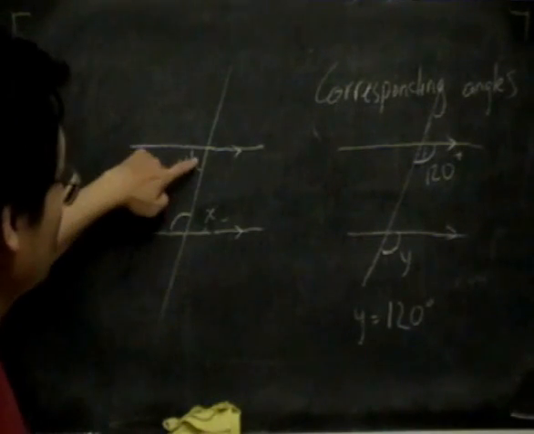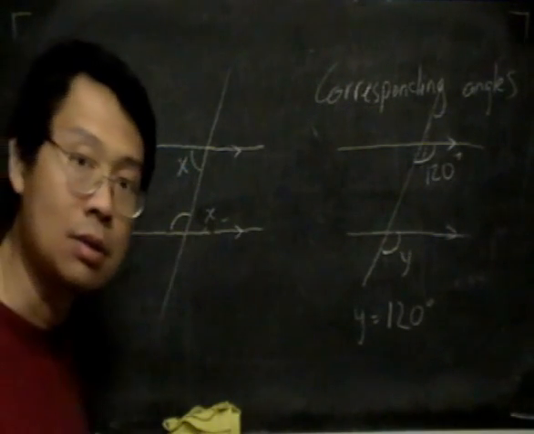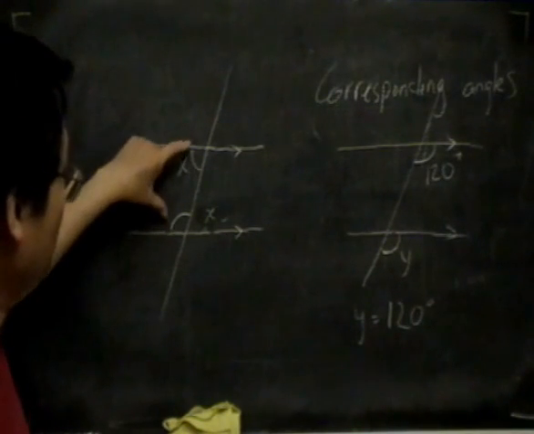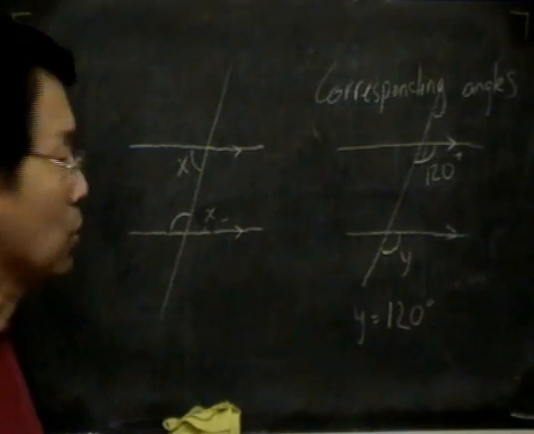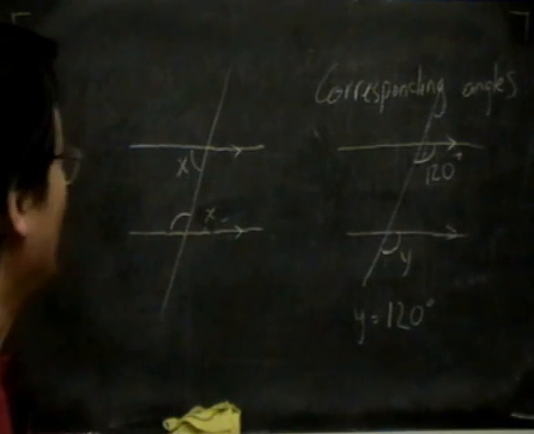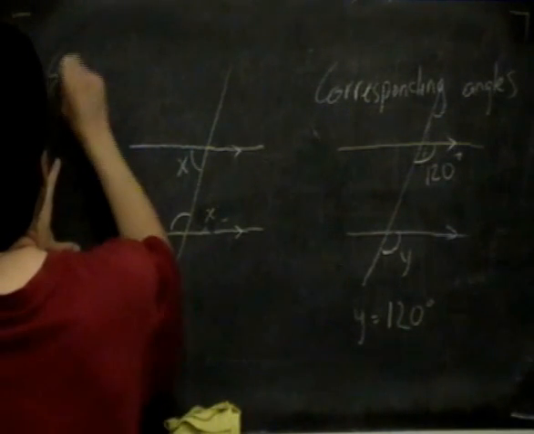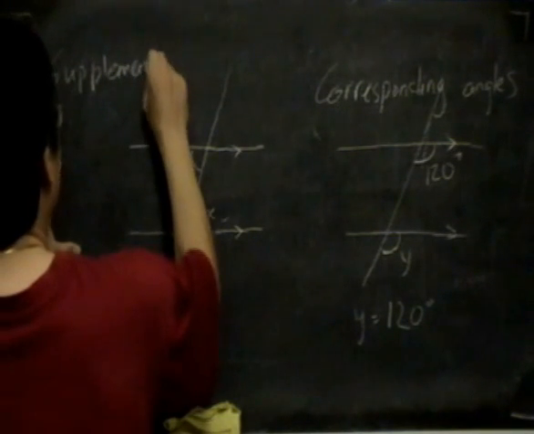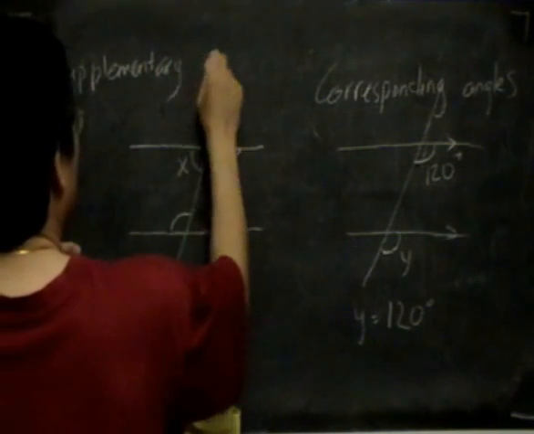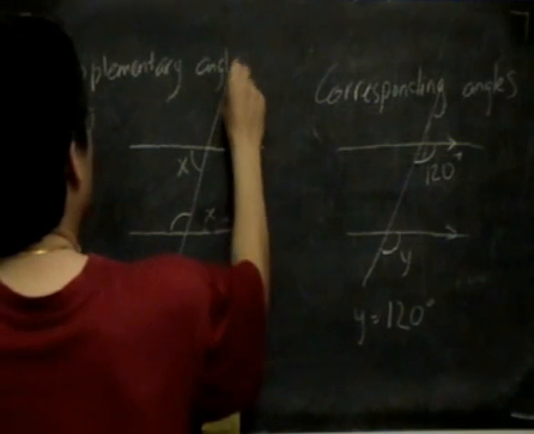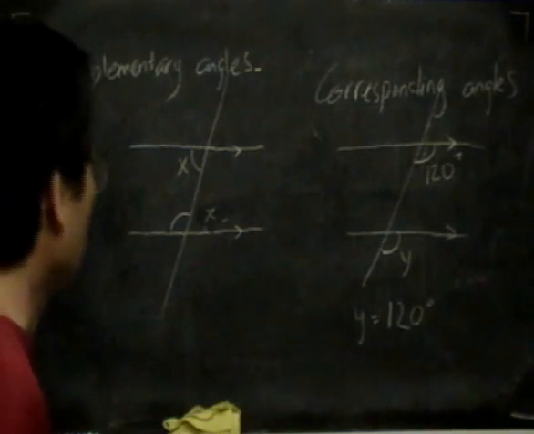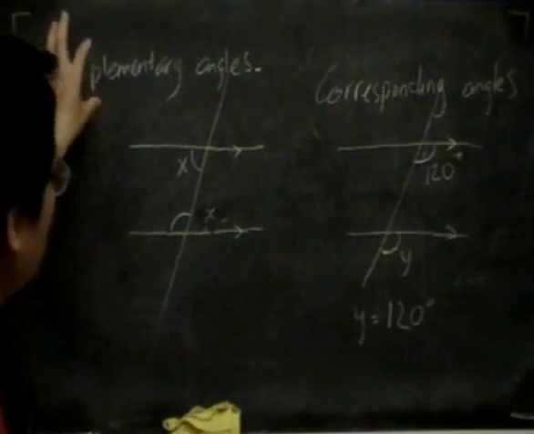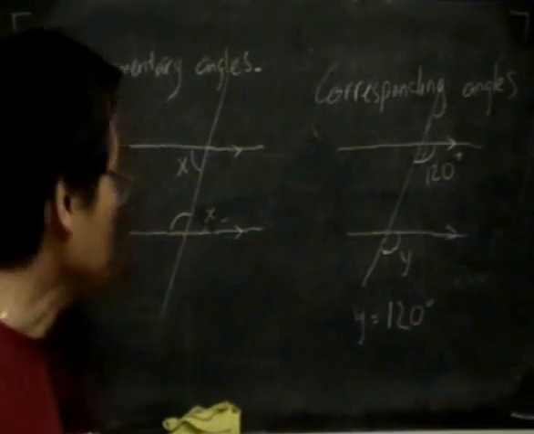So therefore, that plus that is also 180 degrees. Okay, so these two angles are called supplementary angles. Okay, we actually describe them by calling them interior angles, and the word supplementary means that they add up to 180 degrees.